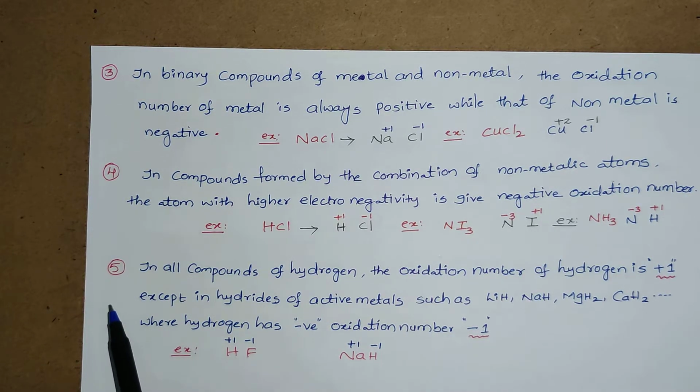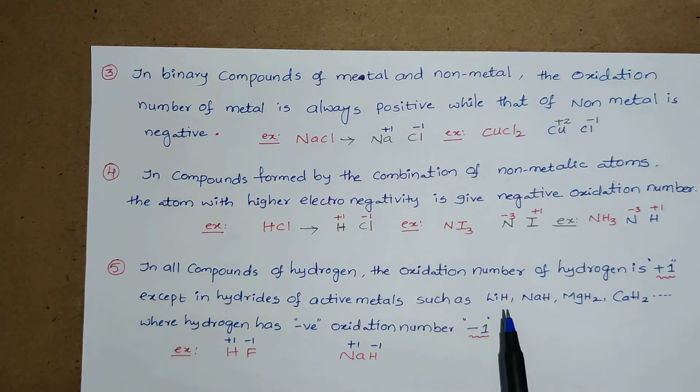Rule number 5. Generally, in all the compounds of hydrogen, the oxidation number of hydrogen is taken as +1, except in hydrides. Hydrides are formed by the combination of metal and hydrogen. When a metal and hydrogen combine to form a metal hydride, we know the metal always shows the positive oxidation state.